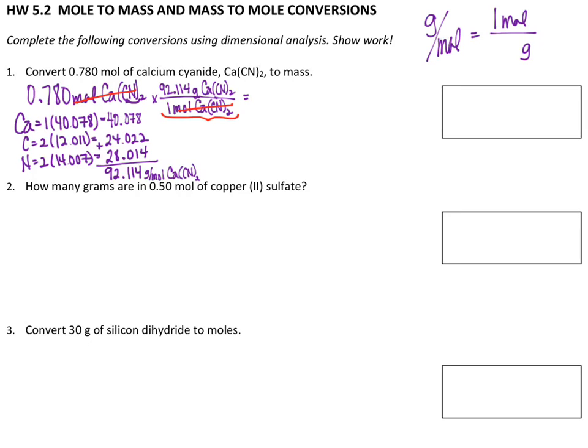I'm going to multiply my numerators, so 92.114 times 0.780. That's going to give me 71.848. Actually, it's 9. My unit that I'm left with is grams, and here we're talking about calcium cyanide.